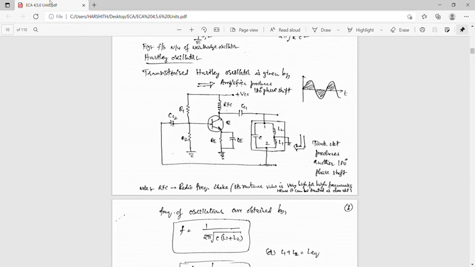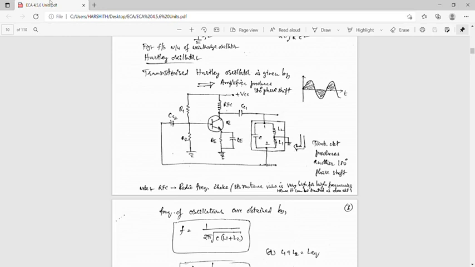In the Wien-Bridge oscillator, the op-amp is used in non-inverting mode. In the RC phase shift oscillator, the op-amp introduces 180 degrees phase shift. In the Wien-Bridge oscillator, the op-amp circuit does not introduce any phase shift.